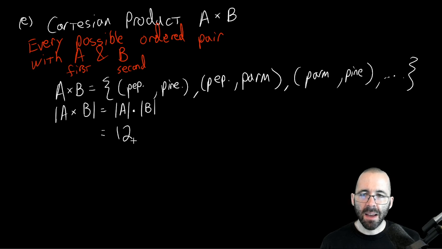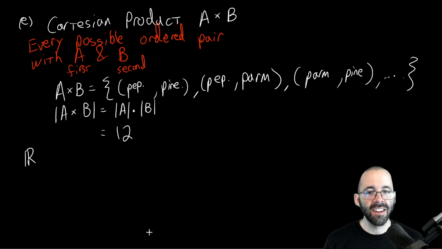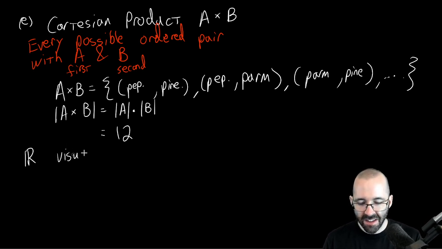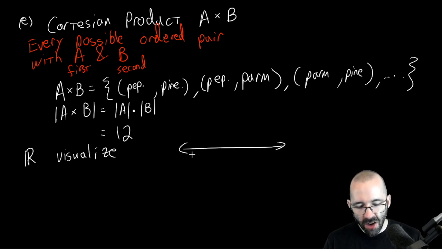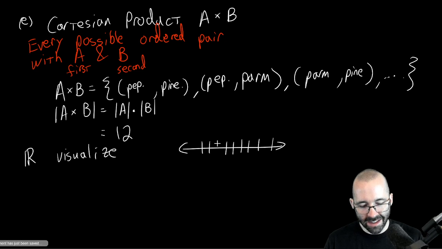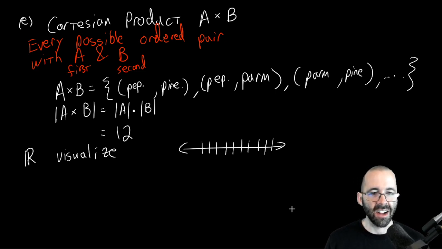A last little example of something that you may have seen before is this guy, the set of all real numbers. We can visualize with a number line, right? Do that all the time in math class. Oh my gosh, that is not the nicest number line I've ever drawn.